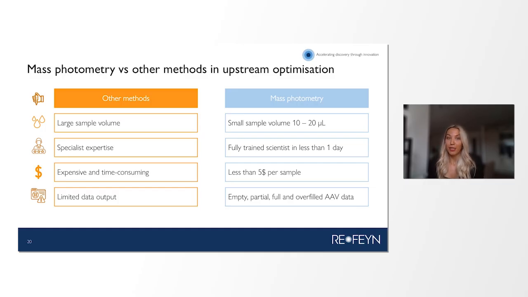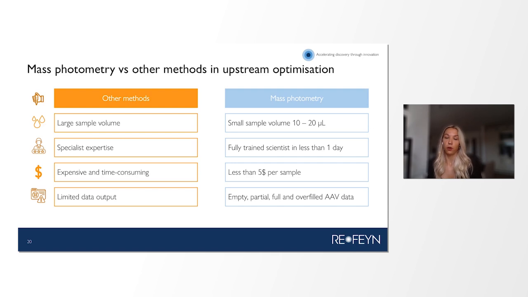Just imagine the timeline, the cost, and the quantity of material that is required for AUC at this level. A lot of analytical methods require comprehensive training, while mass photometry takes less than a day. It only costs less than $5 per sample and also reduces operational cost because it is an extremely fast method.